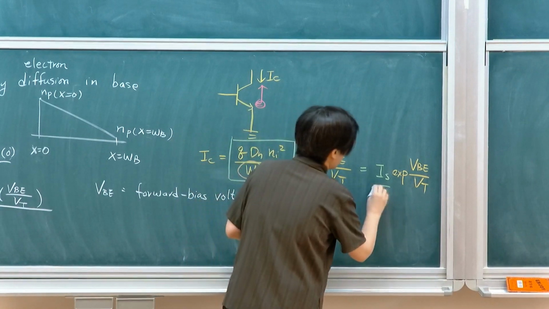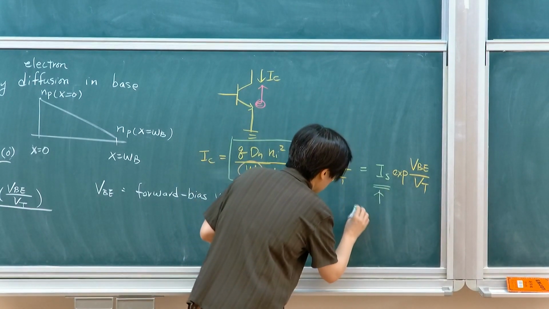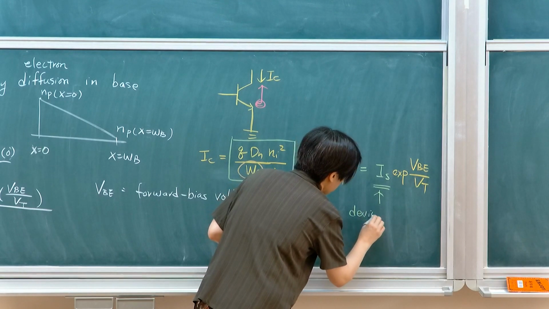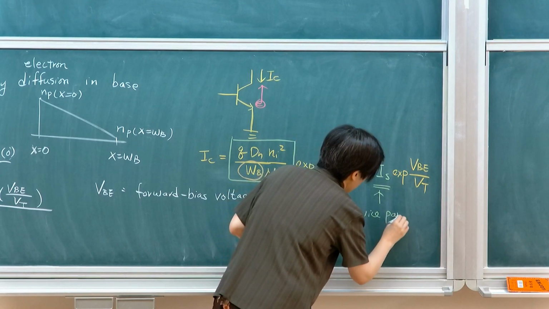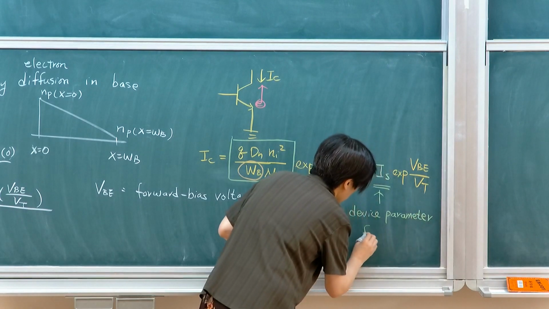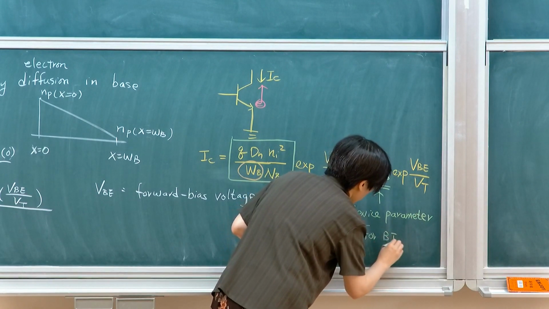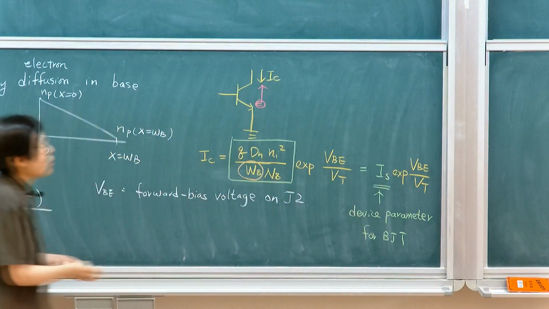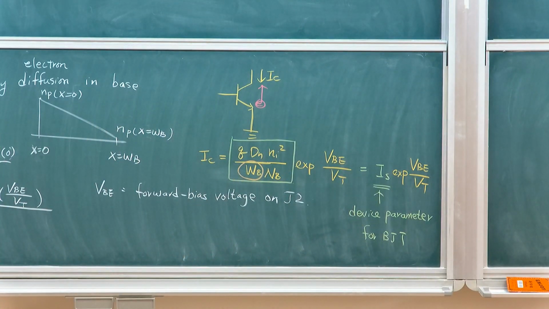So this is the device parameter, similar to that for a diode, IS for the BJT. If I'm using the exponential model, then IS, I will give you the bipolar junction transistor's IS. Okay?